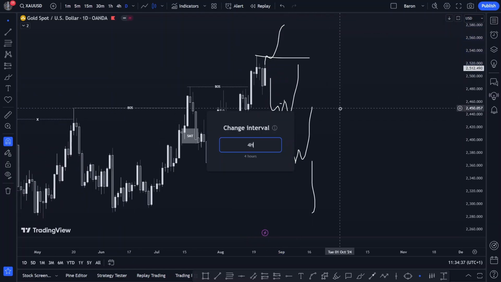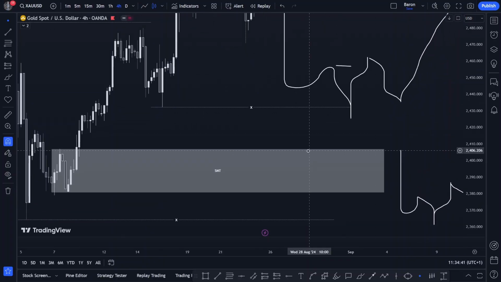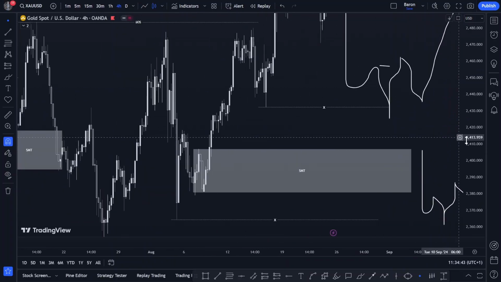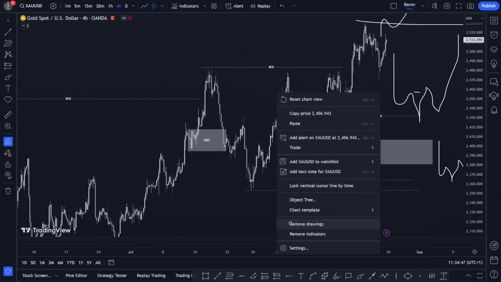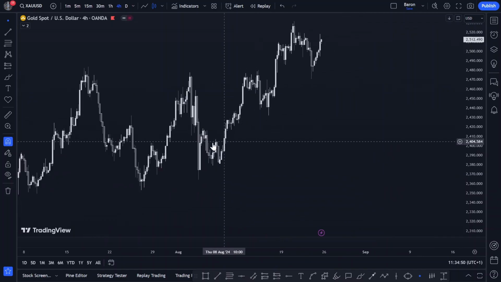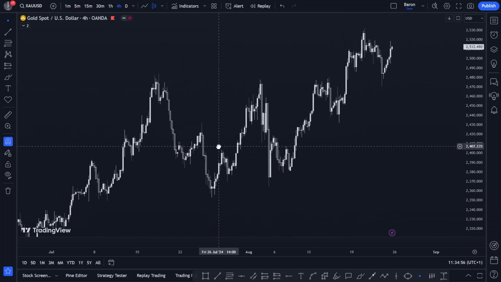Then let's now drop to H4 to see what we can get in 4 hour. Okay, so in 4 hour we also have a bullish structure. So let me get rid of these joints first. We also have a completely bullish structure. So we also need to just follow our structure mapping like this.